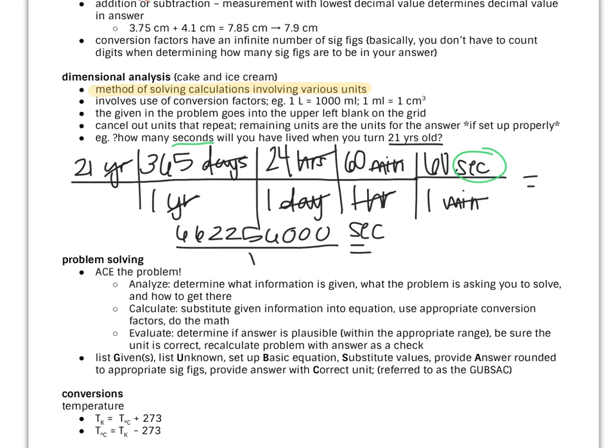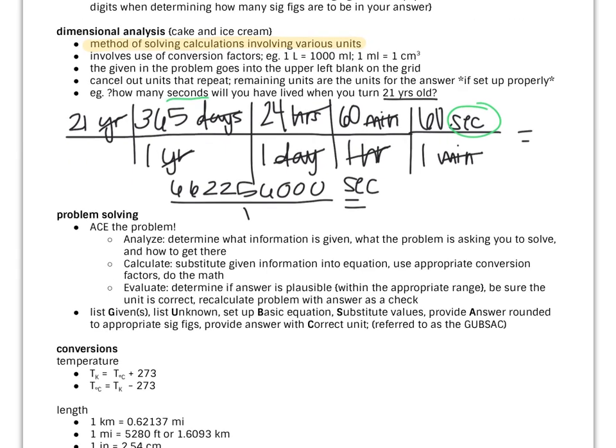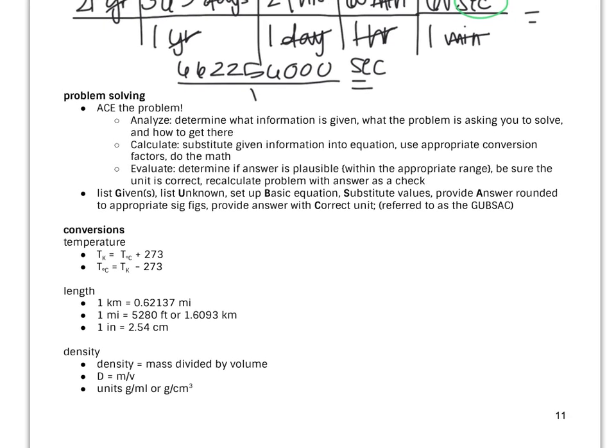And you should come to the answer that no, there are more than 6,000 seconds in 21 years. So recalculate something, because we can make mistakes. We make mistakes all the time. That's why we have to think about making sure our answer makes sense. So for any type of problem solving in this class, because that's one of the main reasons we're doing this, is problem solving.